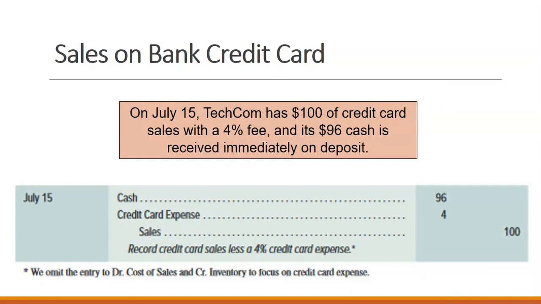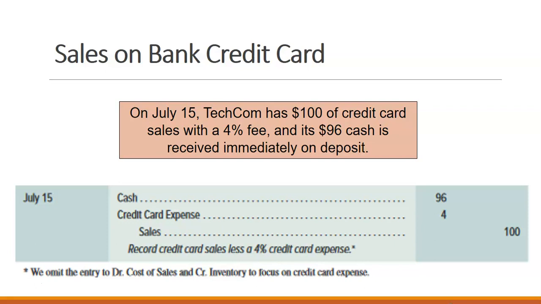If we sell to people who use a bank credit card, this is a credit card that is used through Visa, MasterCard, Discover, American Express, or our individual bank, whichever bank you're with.